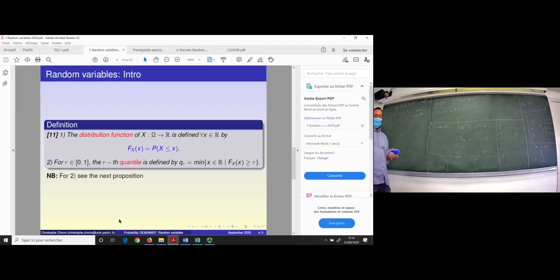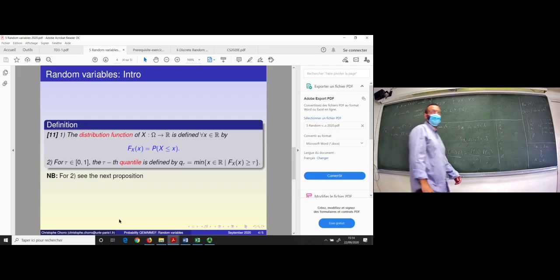And I define what we call the distribution function. The distribution function F of capital X, being related to my random variable here, is a mapping from R into [0, 1] that associates to any real number the probability that X is less than small x.